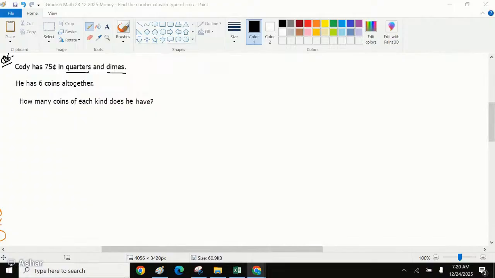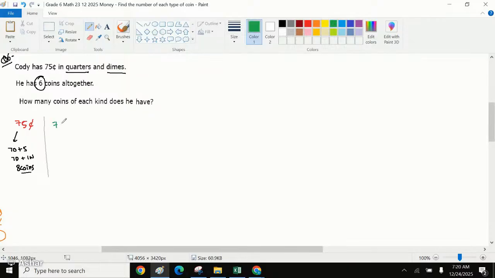Okay, so can we say that, let's write 75 cents, and let's look at the possibilities. Can we break this into 70 plus 5, right? That means 7 dimes plus 1 nickel. That means 8 coins. But they say he has altogether 6 coins. Let's try another possibility.